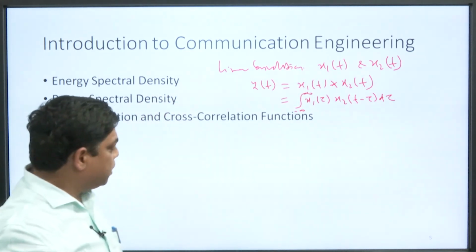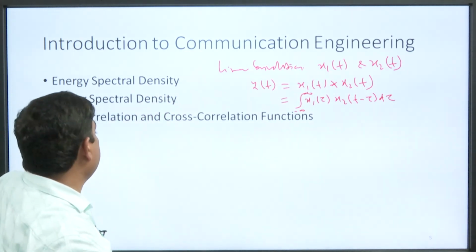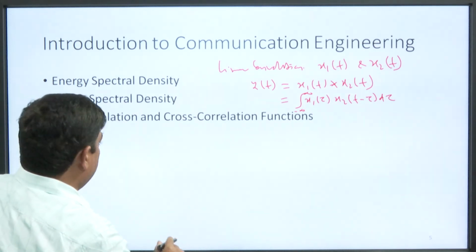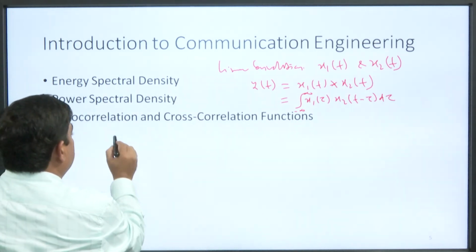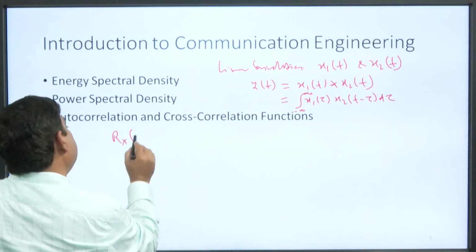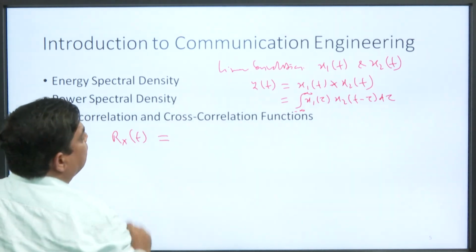Now, autocorrelation and cross correlation are represented by R(t).